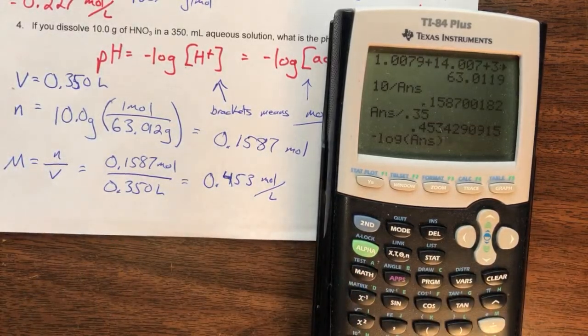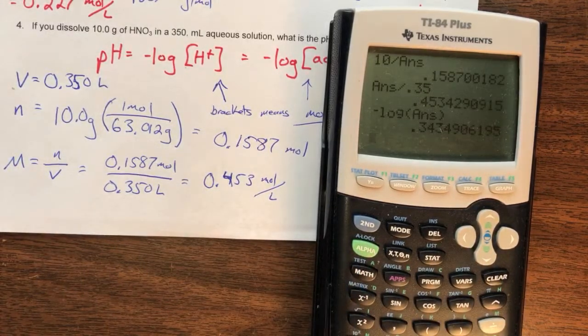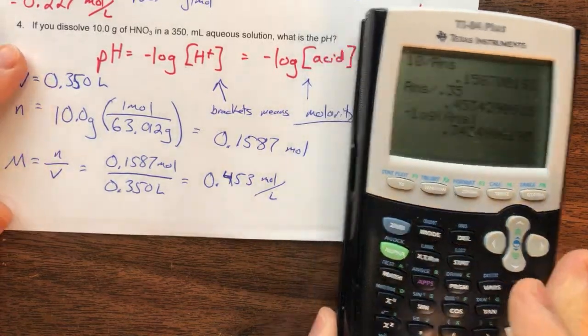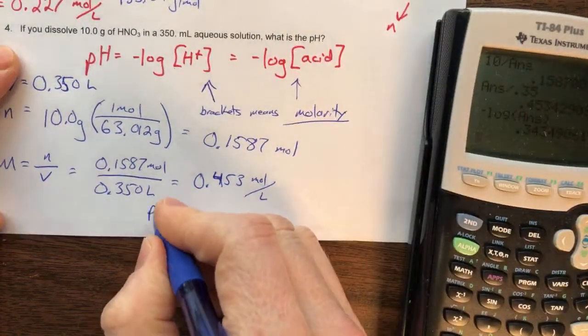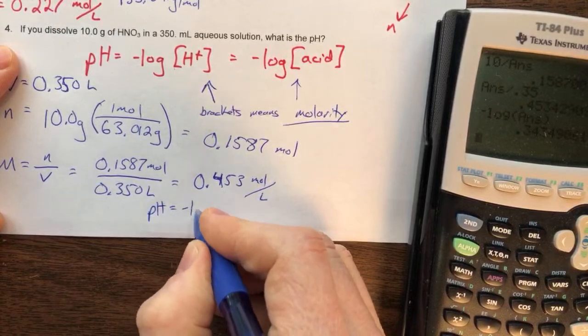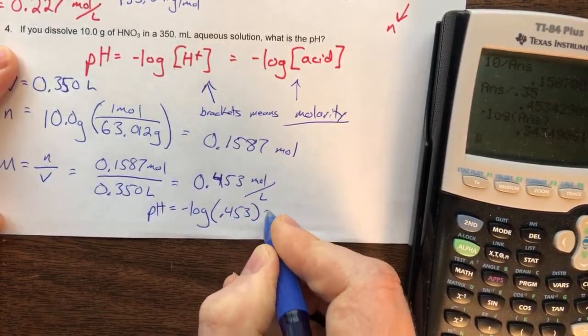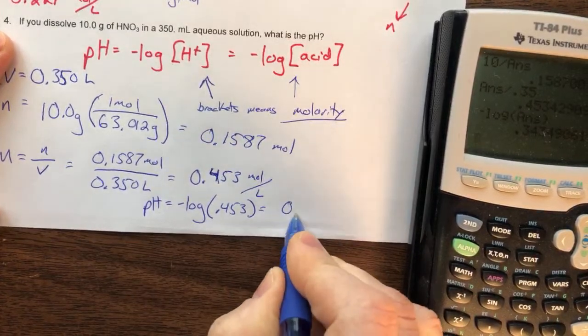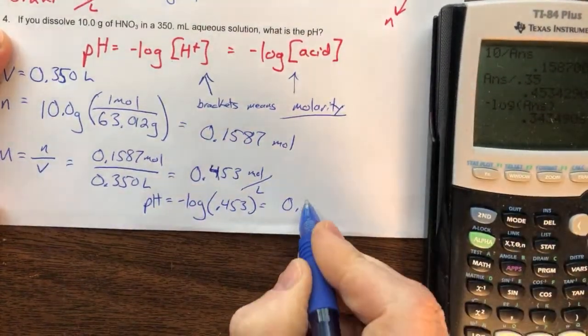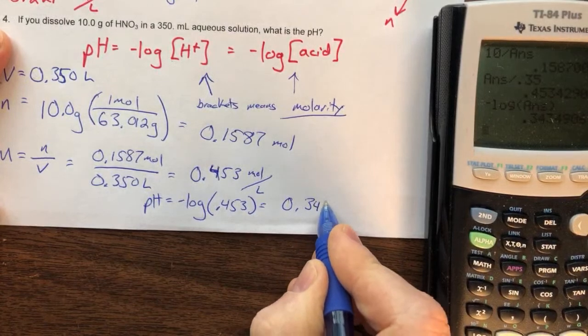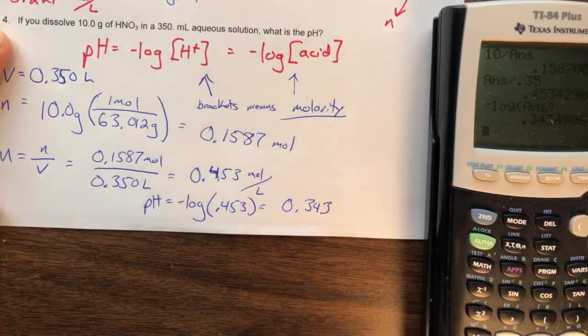So negative log of that, and we get this answer, 0.343. So the pH is the negative log of 0.453, which is 0.343. Okay?